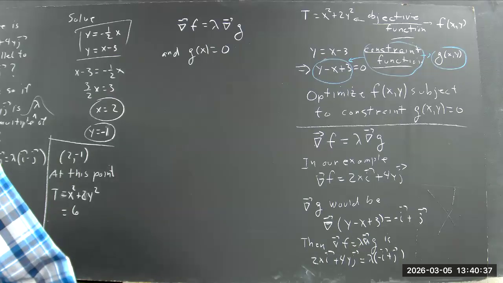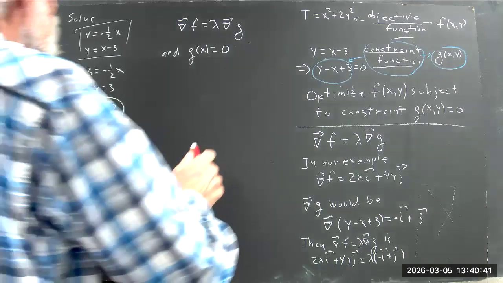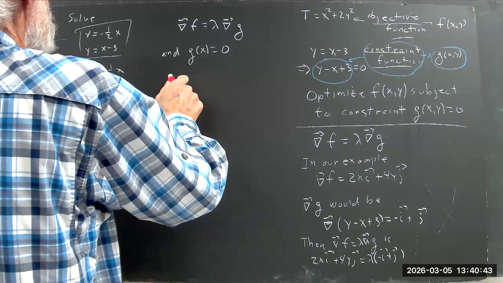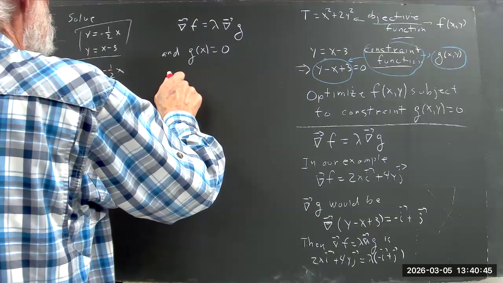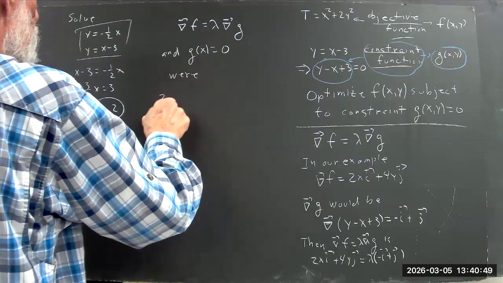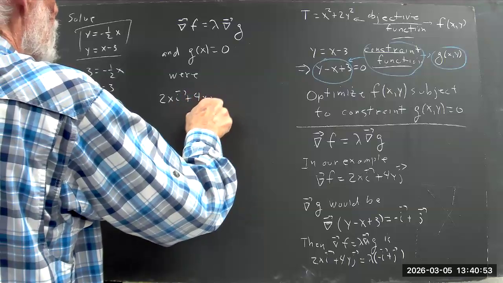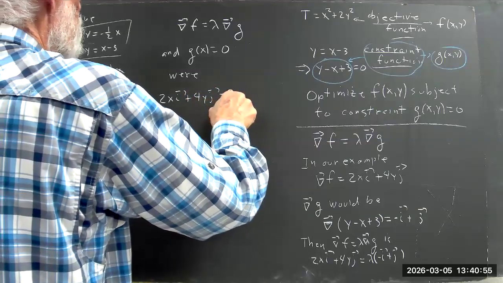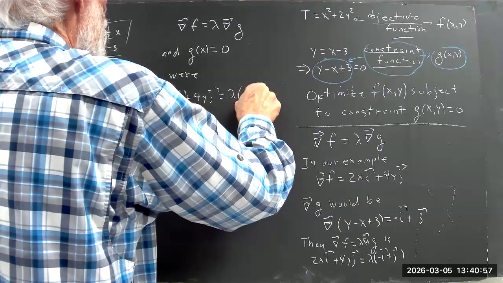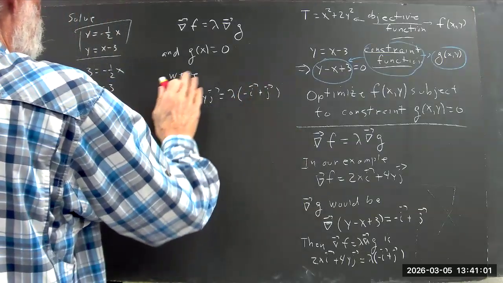Give us the solution, which is just a point. Gradient of f equals lambda gradient of g is 2x i plus 4y j equals lambda times negative i plus j.